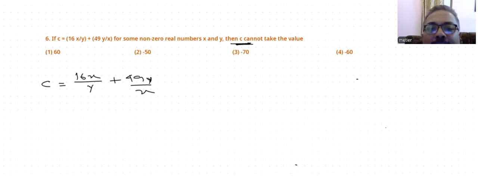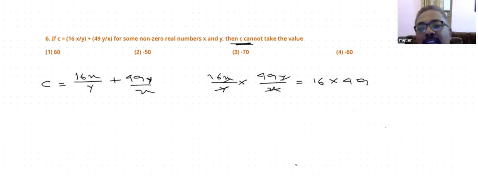So let's go with that. 16x by y into 49y by x. X, y cancelled out. So it is coming as 16 into 49. Again, I am saying the same thing. Until or unless it is the last step of the calculation, don't multiply. Maybe if you keep it as it is, the next step calculation will be a bit easier.